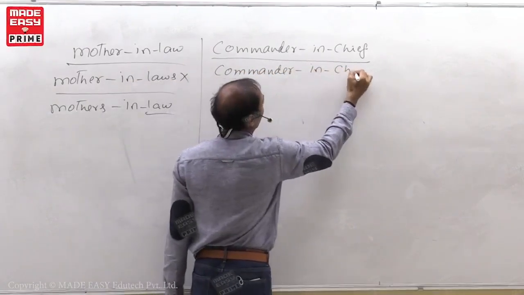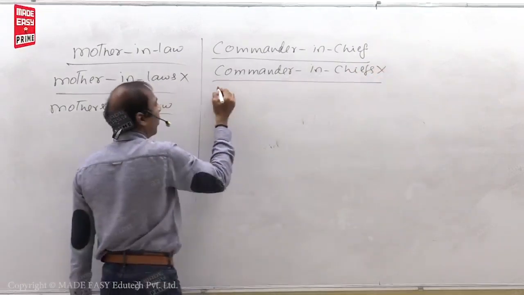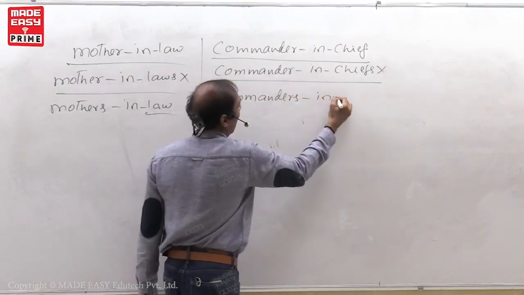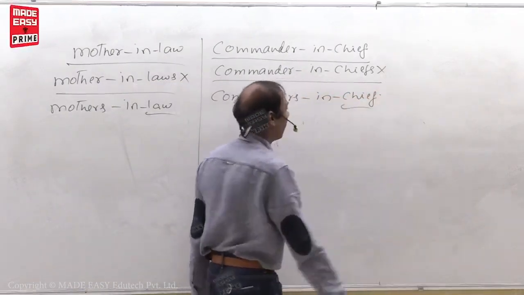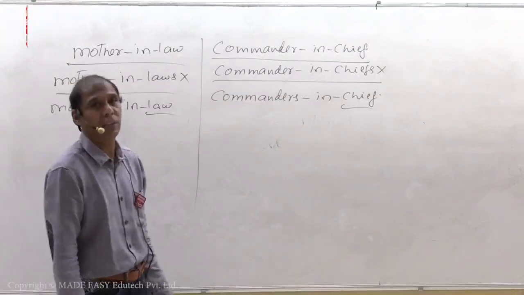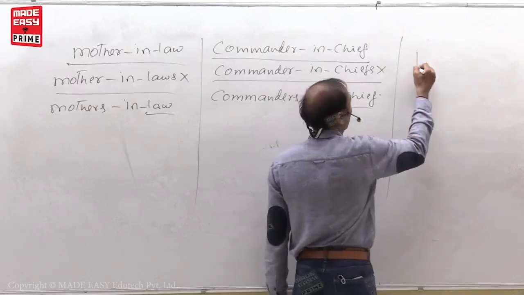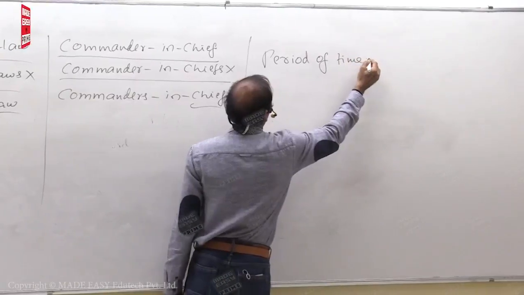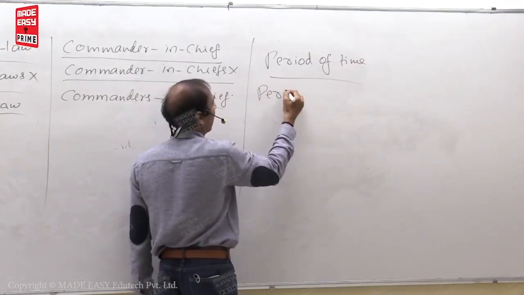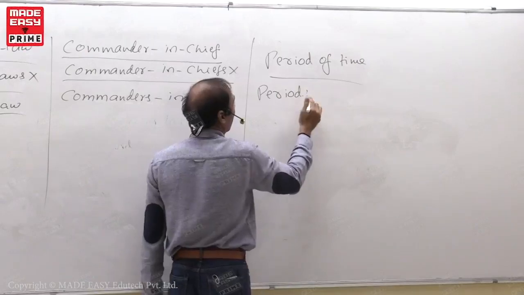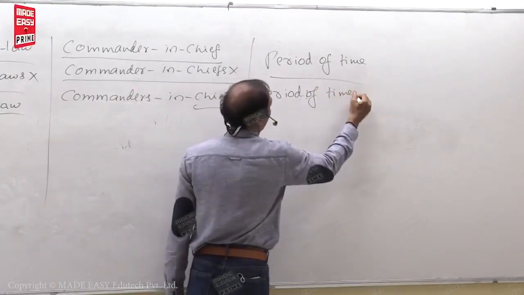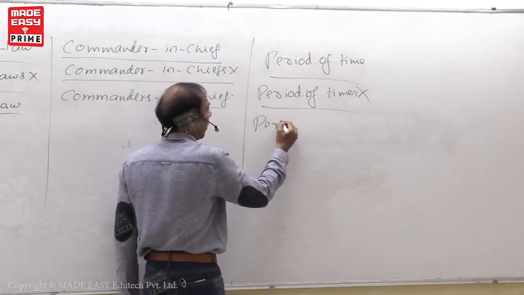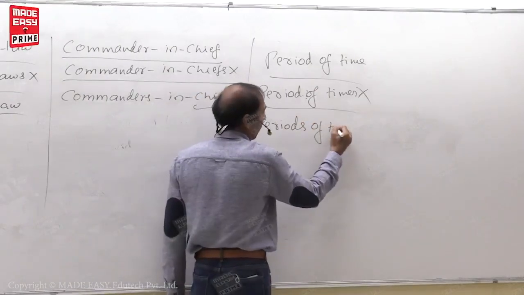Commander-in-chiefs: wrong. Commanders-in-chief: correct. Similarly, period of time. Period of times, everyone speaks like this, unfortunately. Wrong. Not period of times. Periods of time: this is correct.